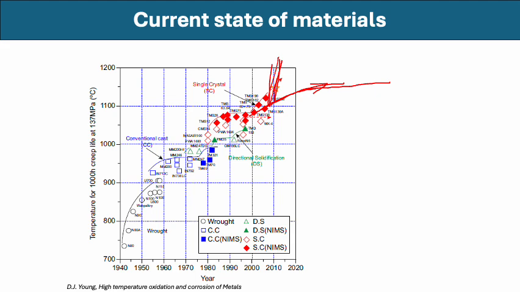The way we went from wrought to conventionally cast to single crystalline material is mainly driven by the dependence of creep resistance on the grain size. If you have grain boundaries, they start to slide at high temperatures, which can reduce the mechanical properties.